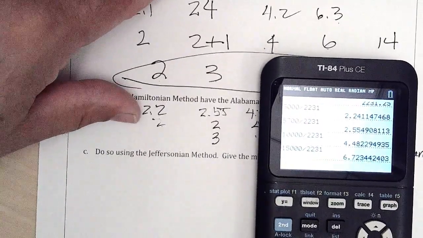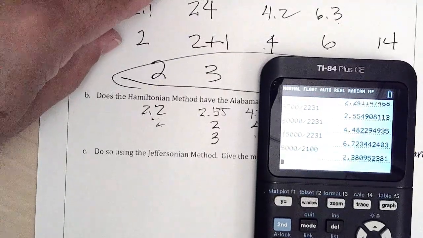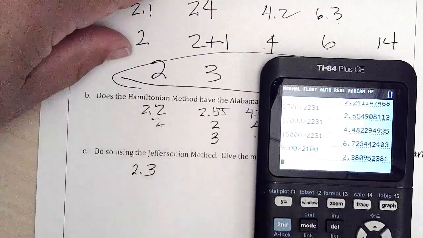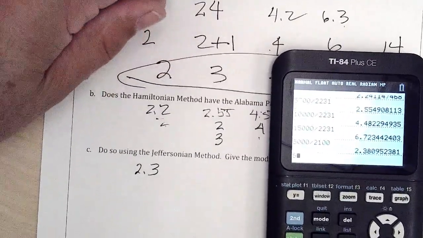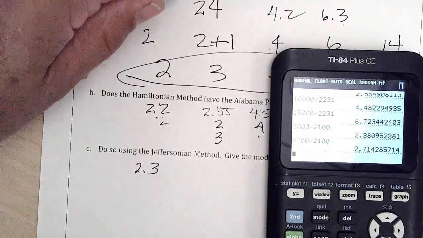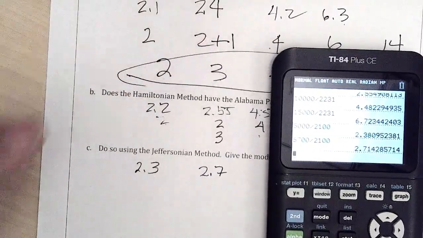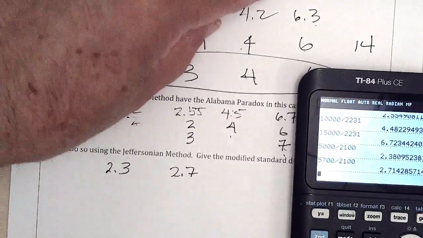So 5,000 divided by 2100, I get 2.3. The 5,700 divided by 2100, I get 2.7. So that's still 2 and 2, so that hasn't picked up the 1 yet.